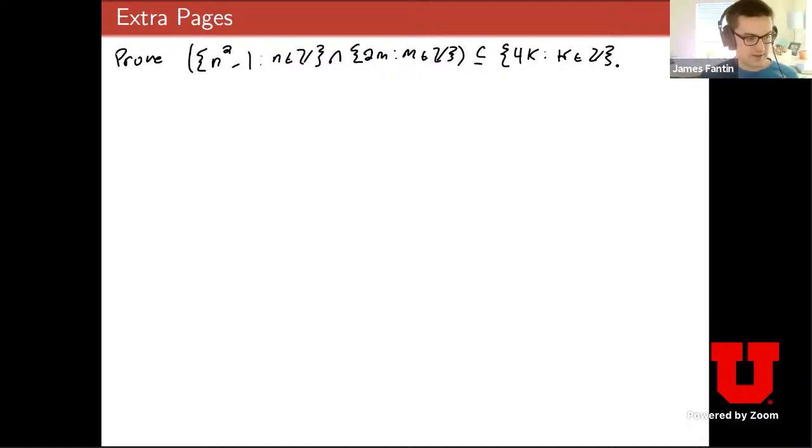Right, so we're proving subsets. So how do we prove that a set is a subset of another set? What's the technique?